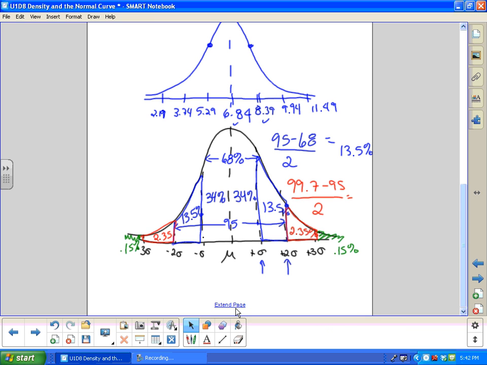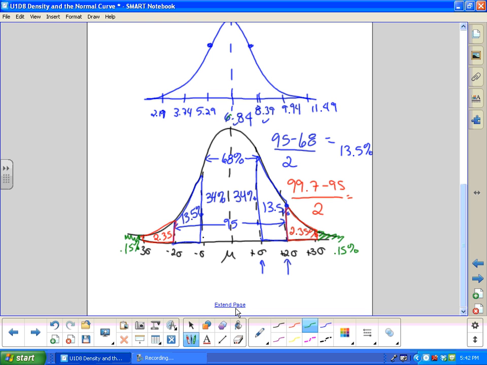And you can use this little table that I've given you if they ask you for certain values. Say I asked you for the area between 6.84 and 9.94.